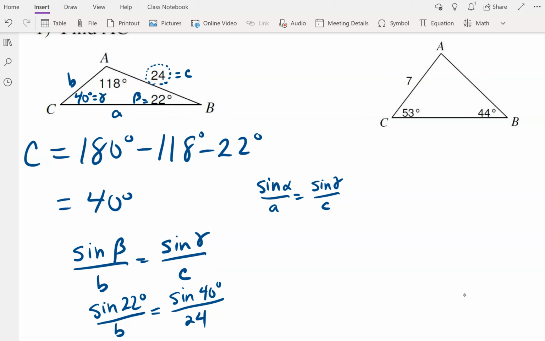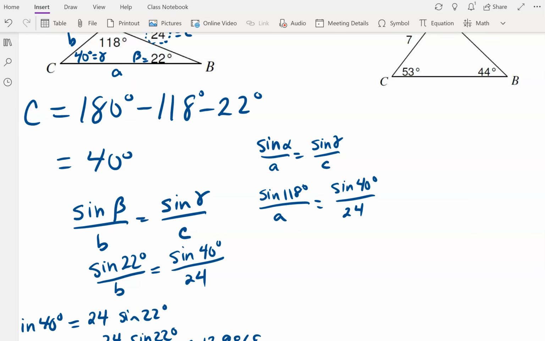So our alpha here is 118. I don't know A. Our gamma here is 40, and I know that c is 24. Just like we did before, we'll cross multiply. A times sine of 40 is equal to 24 times the sine of 118.